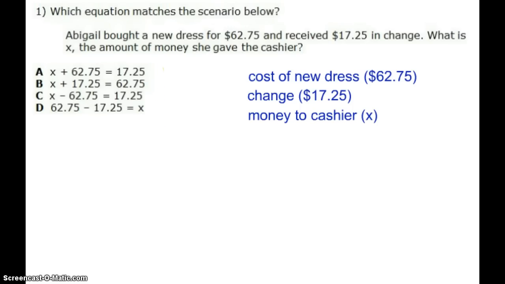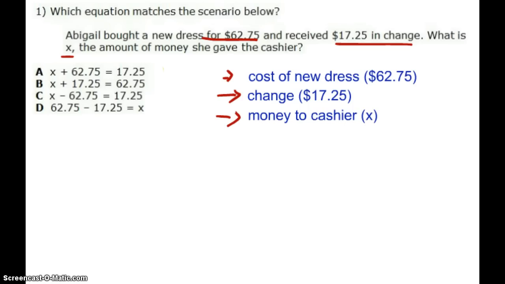So what I did is I picked out the important information. She bought a new dress for $62.75. So $62.75 represents the cost of the dress. She received $17.25 in change. So $17.25 represents the change. What is X, the amount of money she gave the cashier?